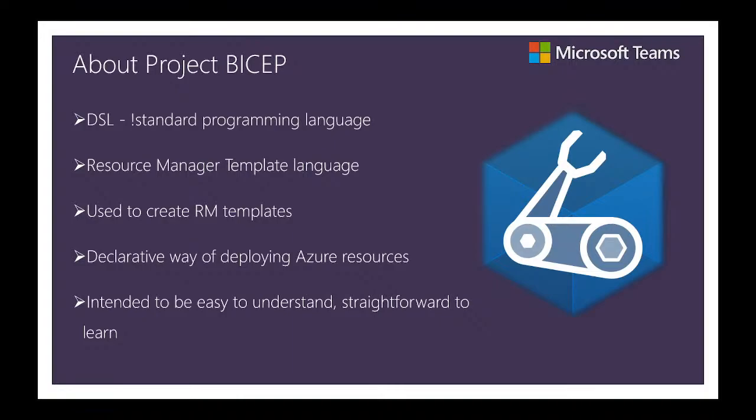You can go through the JSON way if you want, because that is also a supported way. But Bicep is a declarative way of deploying your Azure resources. Declarative means I'm expressing what I want in terms of code. And Bicep was from day one intended to be easy to understand and straightforward to learn.